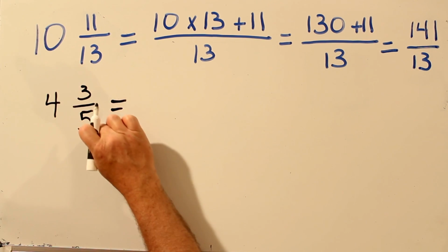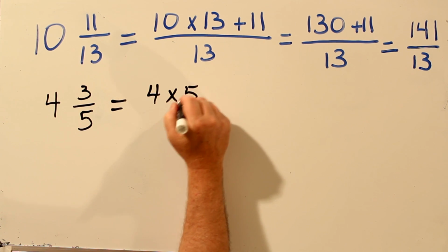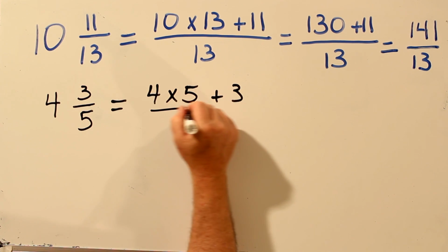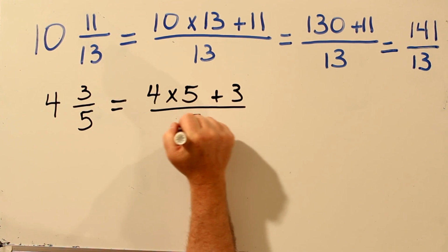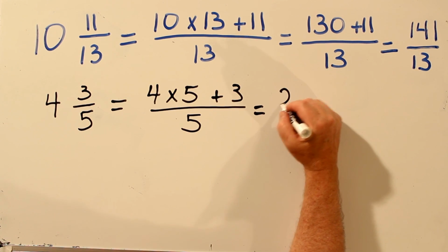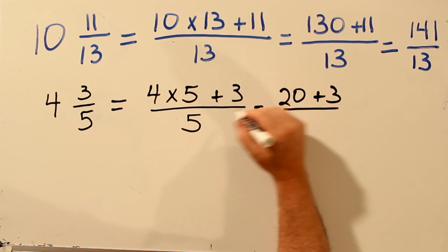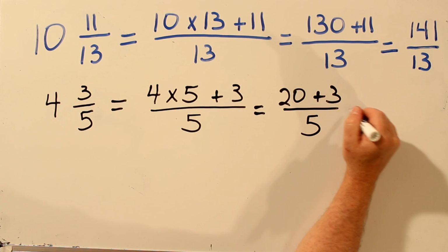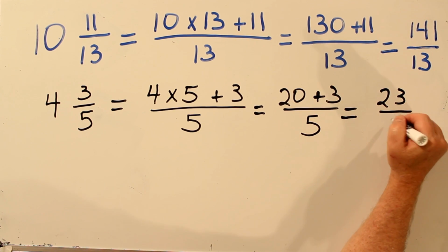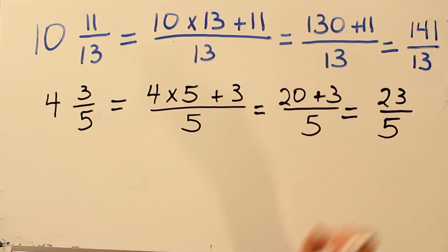Okay, whole number times bottom number plus the top number all over the bottom number. 4 times 5 is 20, plus 3, all over 5. 20 plus 3 is 23 over 5. So 4 3/5 is the same as 23 over 5.